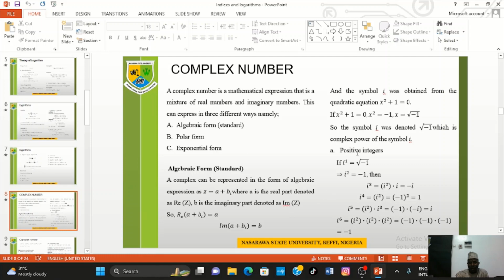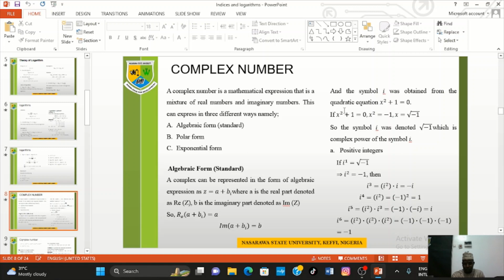And the symbol i was obtained from the quadratic equation x squared plus 1 equals 0. If you are to solve for x, the result will be the square root of minus 1.